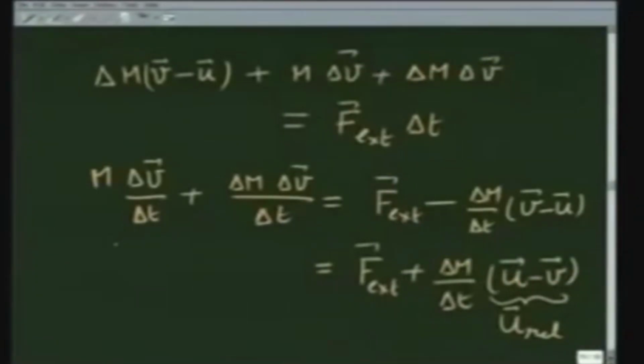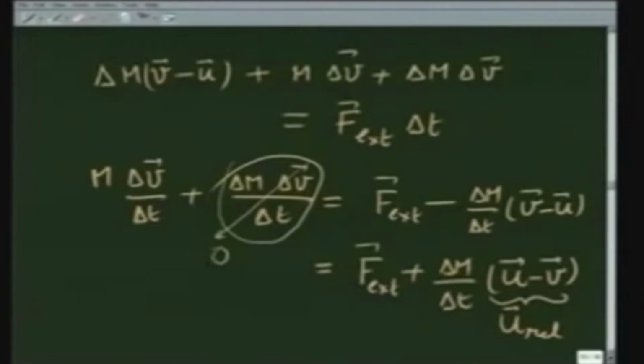So, the system that I am focusing on satisfies this equation. When I take the limit delta t going to 0, this term can be dropped because it has a delta t on top and is therefore neglected.